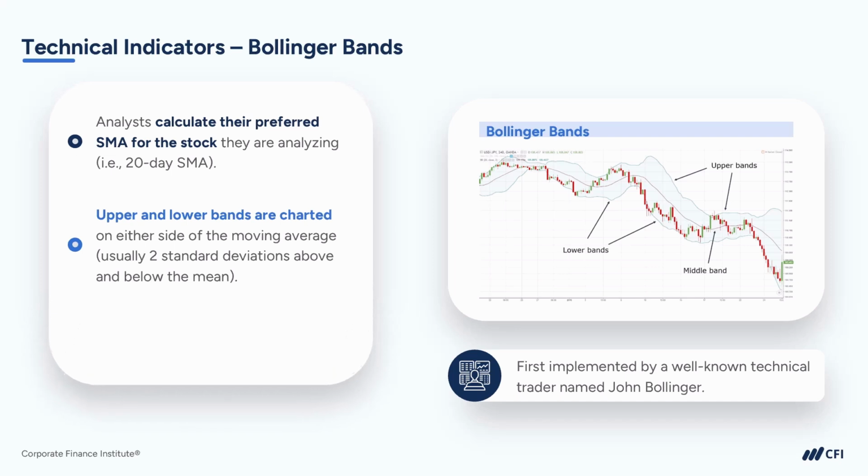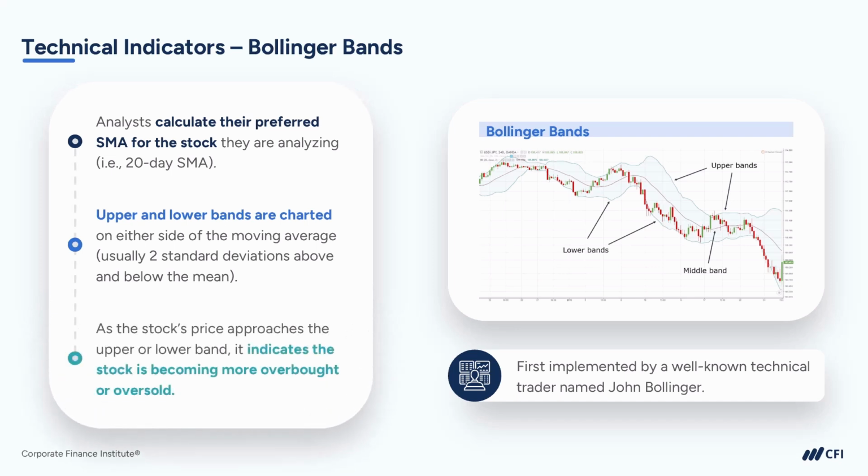As the stock's price approaches the upper or lower band, this indicates that the stock is becoming more and more overbought or oversold. If the stock actually breaks through the band on either side, which is known as a breakout, the price has done something extremely statistically significant and may be used to signal a trade.